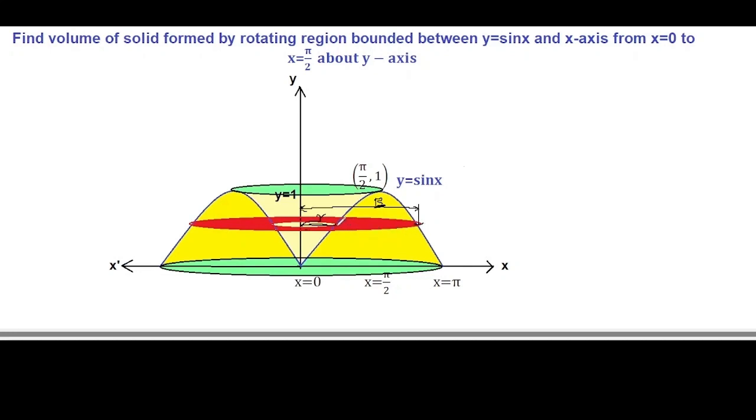As the inner circle and outer circle are both bounded by the same curve y equal to sin x, it will be very difficult to distinguish between the small r and the capital R, because both will ultimately take the x values from the same curve y equal to sin x.